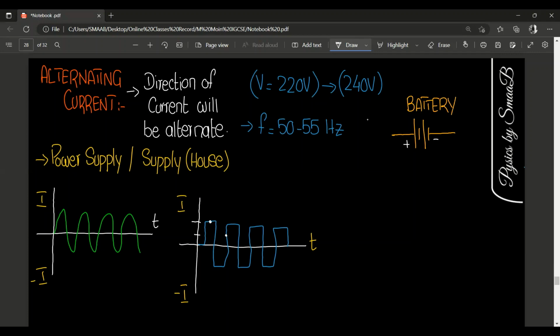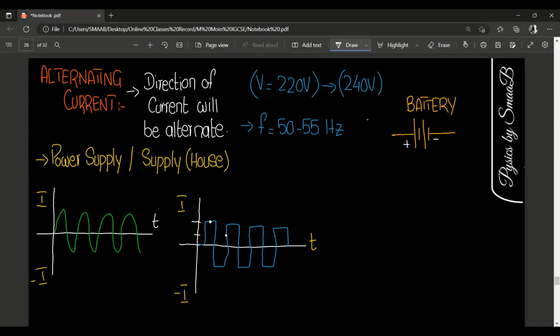So in the earlier era, when scientists were trying to identify the direction of electric current, we didn't have much knowledge about electric current, electricity, electromagnetism. It was the time period when scientists were going to invent or discover the concepts. Initially, because there is a concept of free electrons, scientists assumed that current will flow from the negative side.